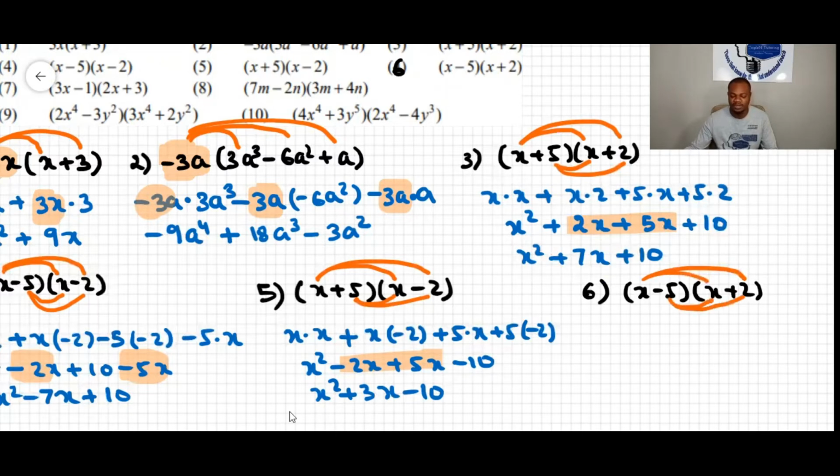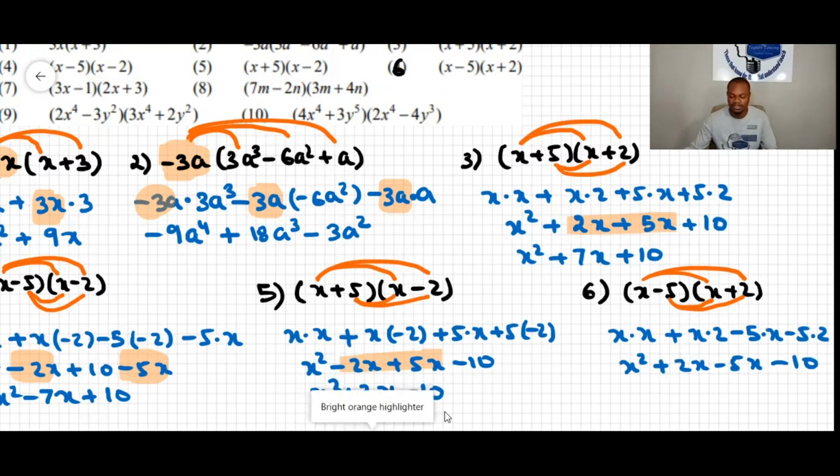So this will then be x times x plus x times 2 minus 5 times x minus 5 times 2. So that makes what? X squared plus 2x minus 5x minus 10. So we can combine these like terms, and this will become x squared minus 3x minus 10.